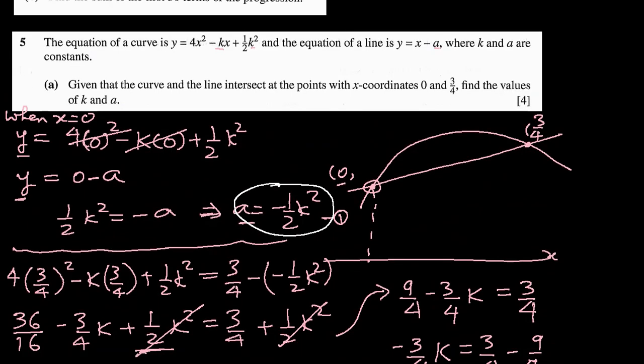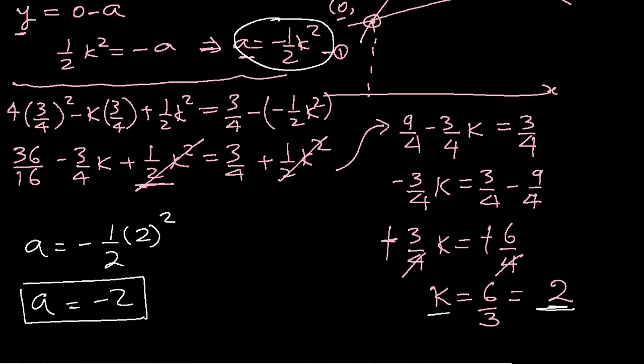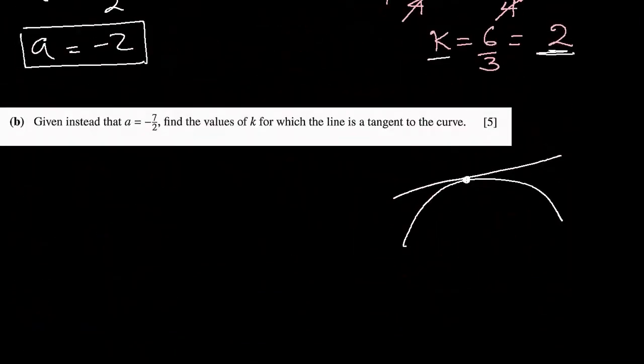So 4x square minus kx plus half k square is equal to x minus a. And now they've given a is minus 7 over 2. So in place of this minus a, I will write minus 7 over 2.